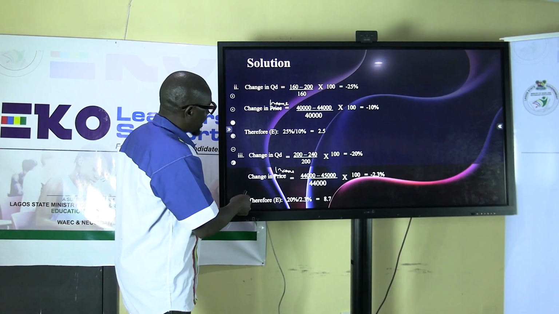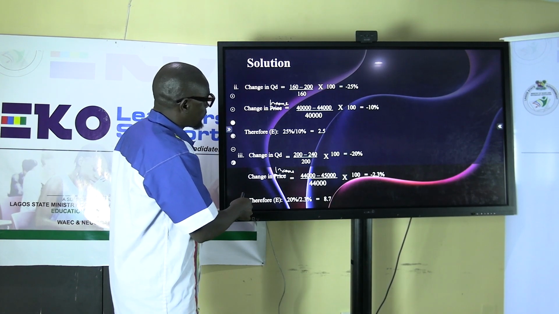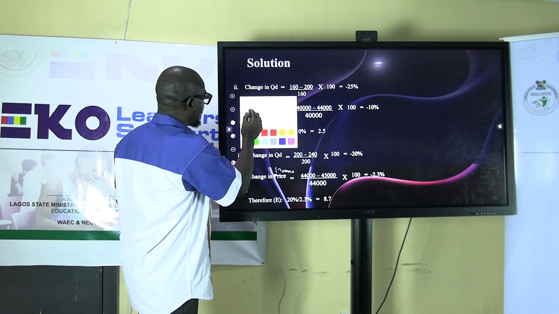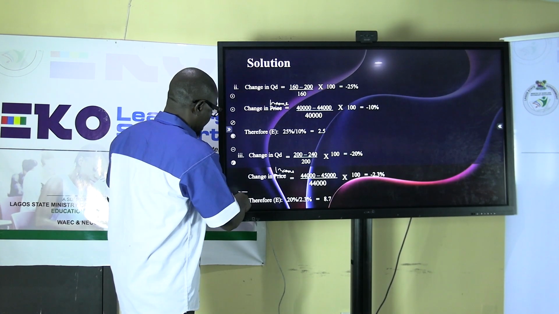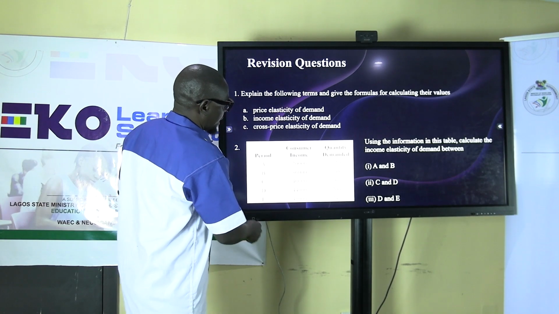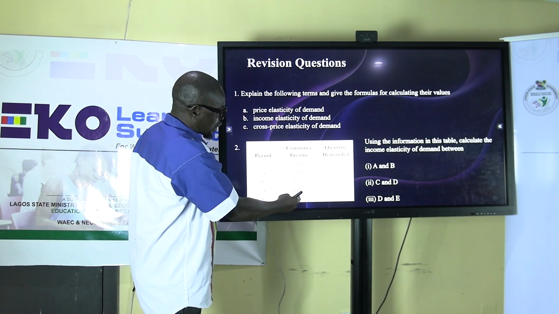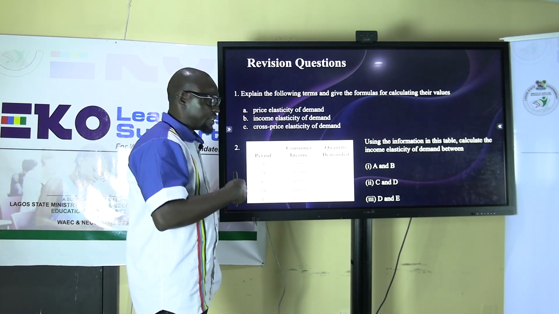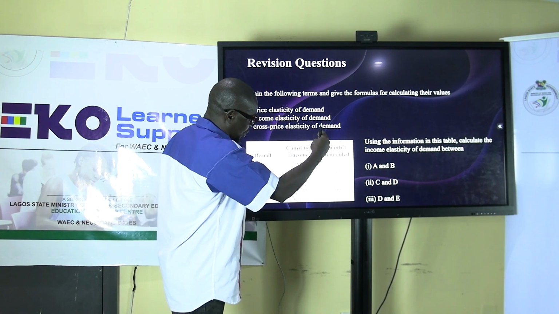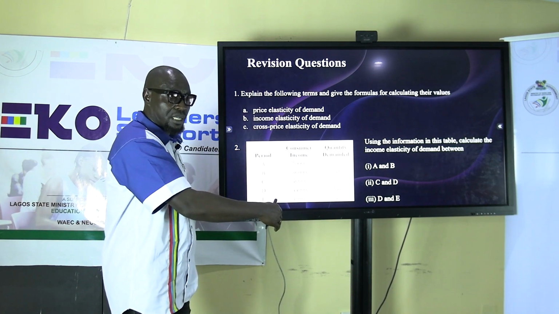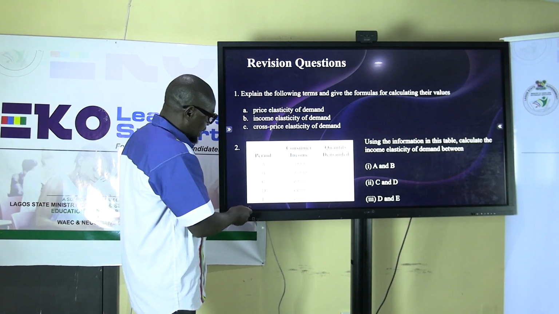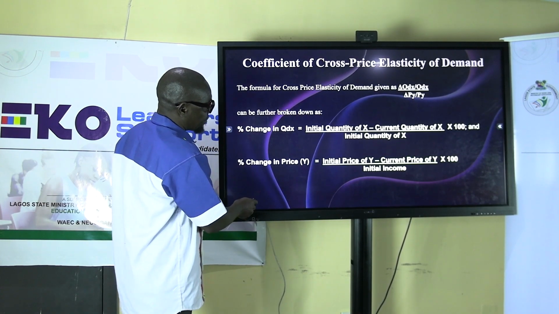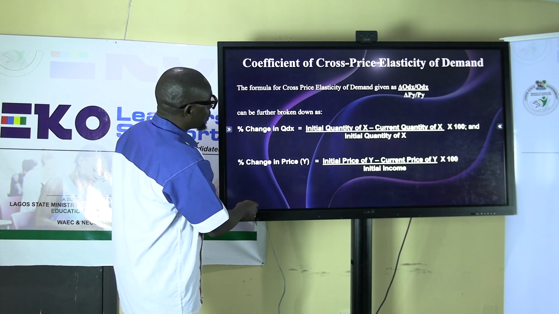The same thing applies if we had been asked to calculate for price. The same process we will go through. For example, instead of income, if this had been the price of the commodity, the only thing we may have seen in this table is that, going by the law of demand, the quantities demanded would have fallen as the prices increased, but we would also be able to calculate the coefficient of price elasticity using the same formula.